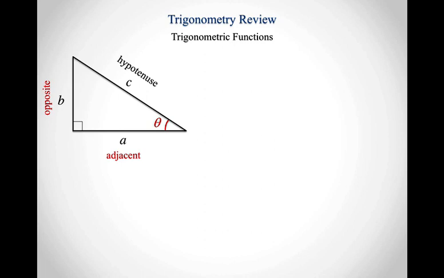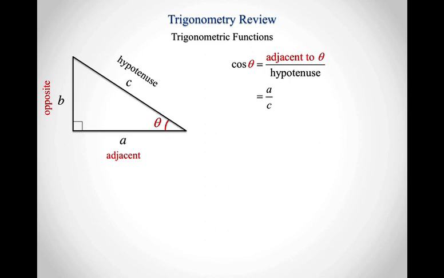So now that I've labeled the adjacent side, the opposite side, and the hypotenuse, again, I can just remember that the definition for cosine theta is the adjacent side to the angle theta divided by the hypotenuse.